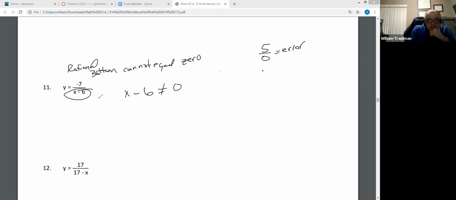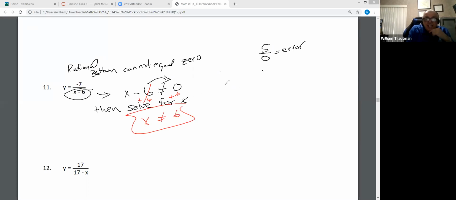We don't care about the top. And then we solve. Just get the 6 to the other side. It's a minus 6, so I'm going to add 6. And I get x cannot equal 6.